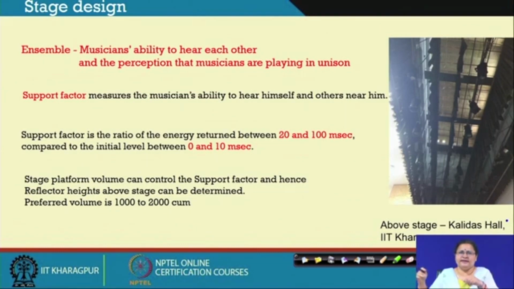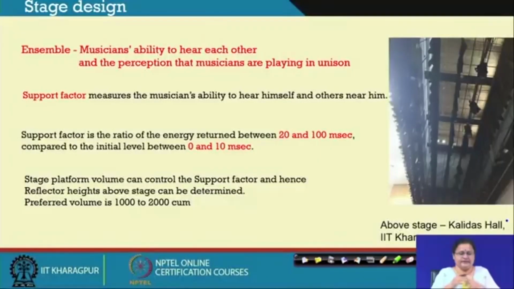So, it is also the audience who should receive the sound as if the musicians are playing in unison. To play in unison, the performers need to hear each other, and that can be measured, and that is called ensemble, which can be measured by support factor.